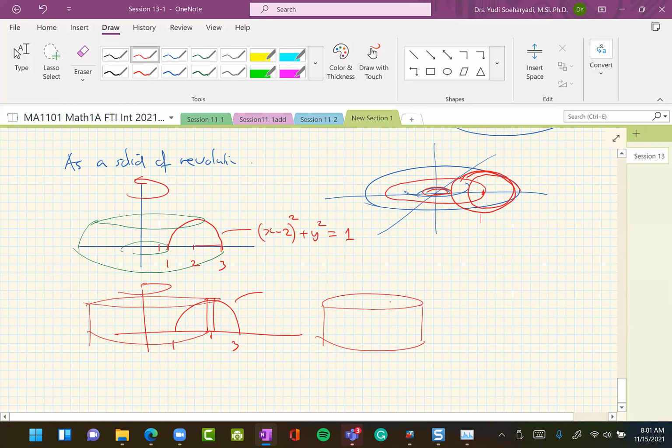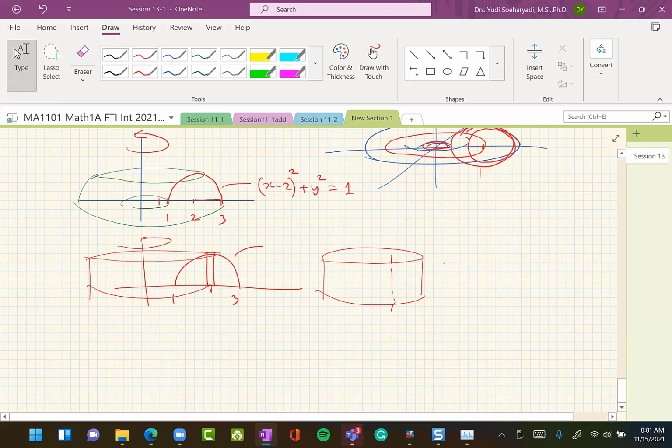You cut this up, and you get a rectangle with some very thin width. Okay, and so this is the x.